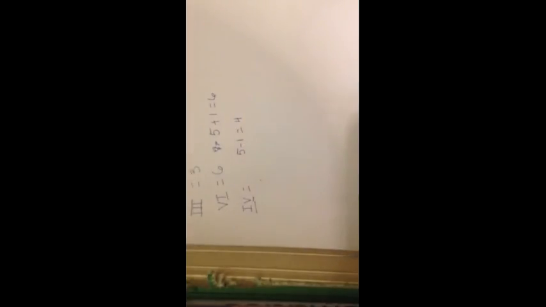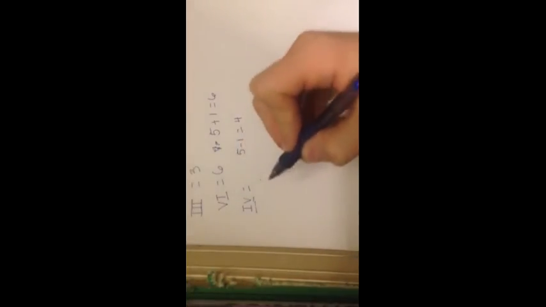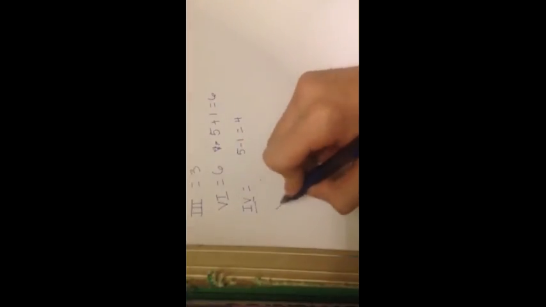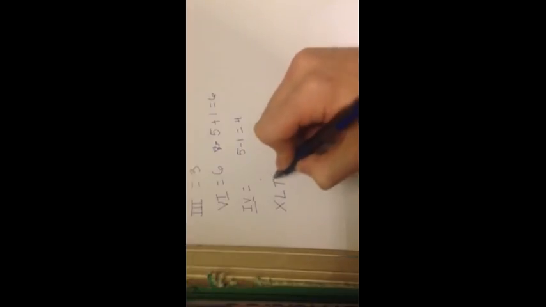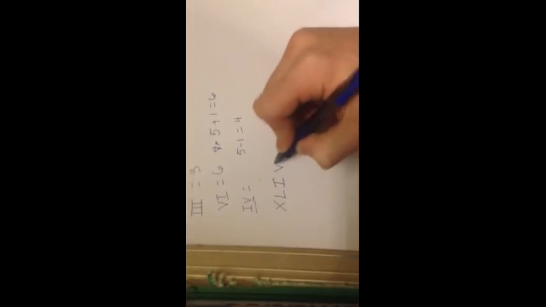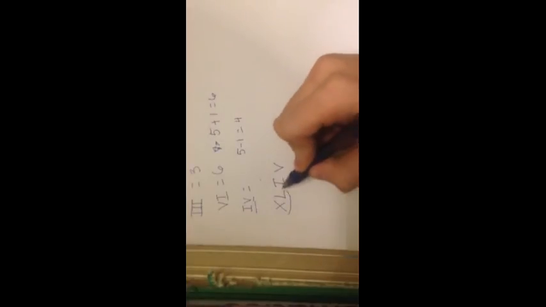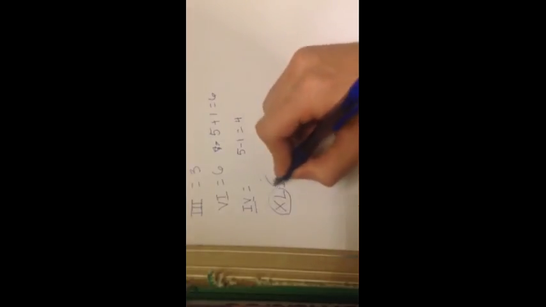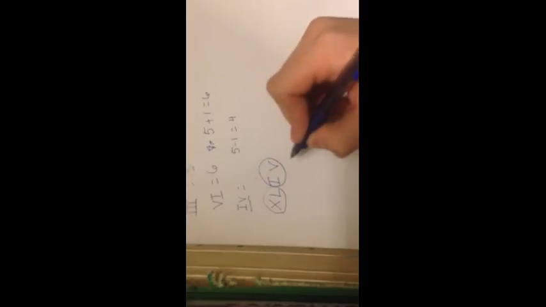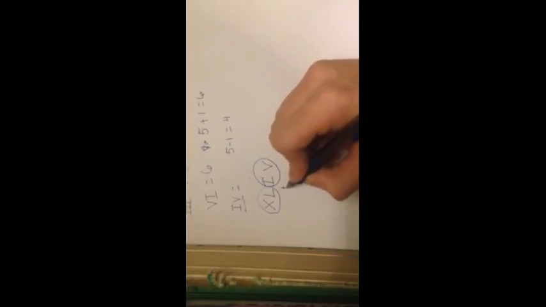So if we had a number like XLIV, this X comes before this L, and this I comes before the V. So we have to group these two together to show that subtraction, and group these two together to show that subtraction. And it's essentially these two groups being added together.